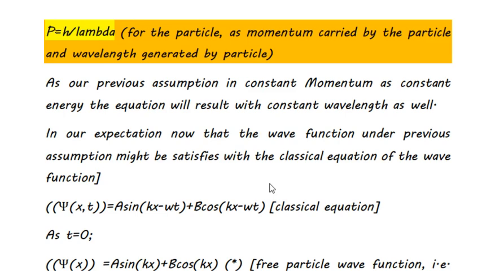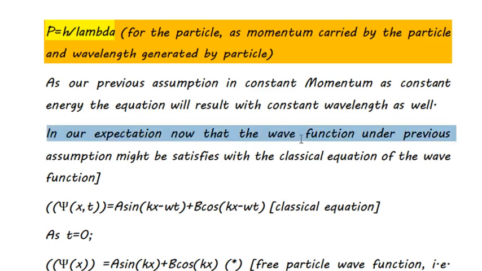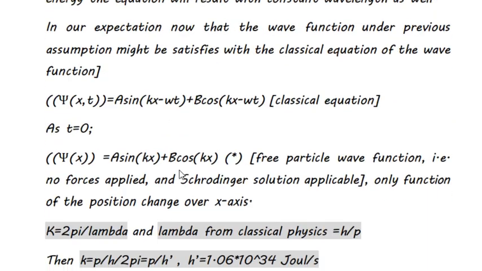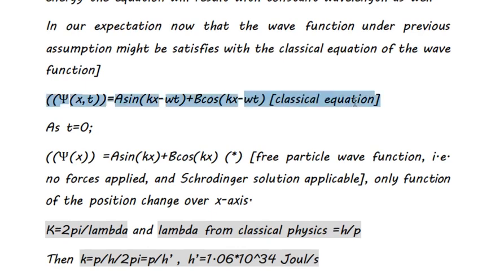In our expectation now, the wave function under the previous assumption may satisfy the classical equation of the wave function. So what is the classical equation of the wave function? It is psi of x and t, an x and t dependent function, where t is time and x is the position: a sine k(x minus omega t) plus b cosine k(x minus omega t).